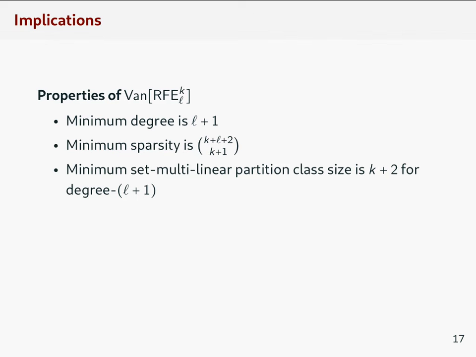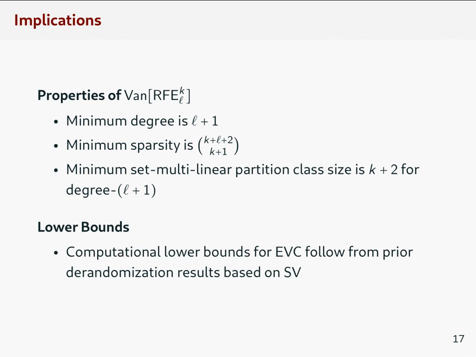So this is not witnessed by EVC, but it's witnessed by a related construction that I won't give here. We also conclude some lower bounds using prior derandomization results that use SV. So EVC belonging to the vanishing ideal cannot belong to any class that we know SV works to derandomize. Since EVC is really explicit, this is a nice lower bound.